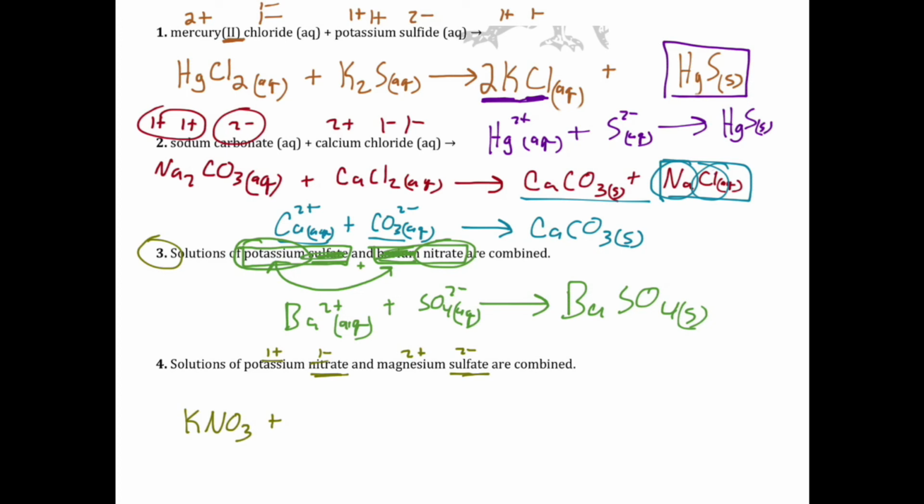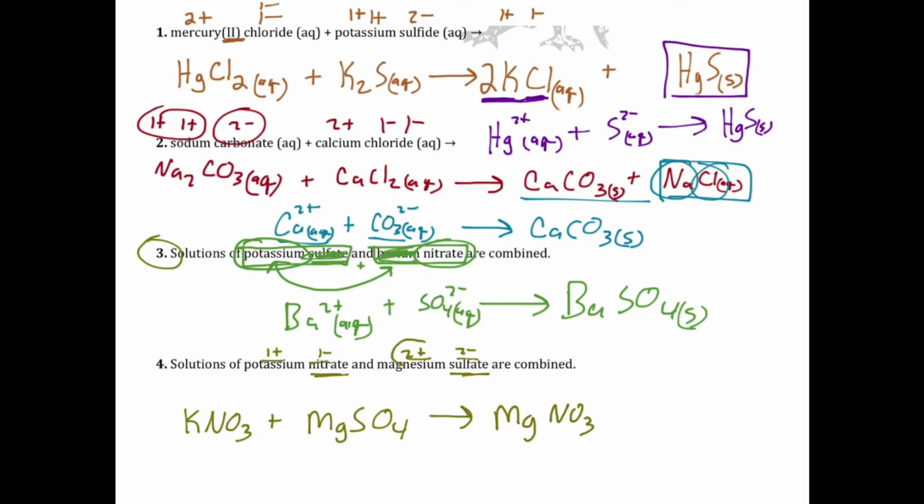Plus magnesium sulfate. Again, 2 positive, 2 negative means it's a 1-to-1 ratio. These will go through a double replacement where the metals trade places, and you end up with magnesium nitrate.